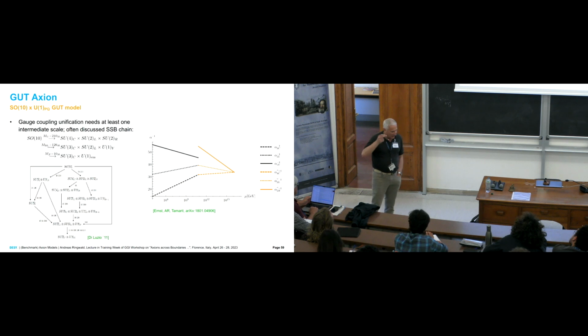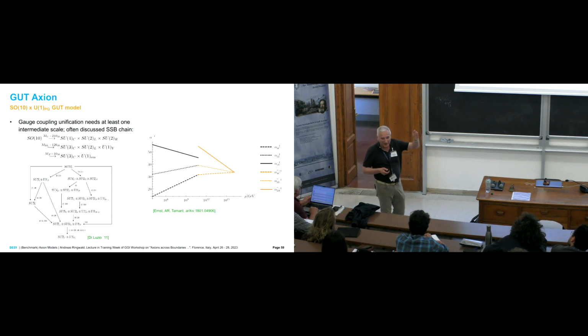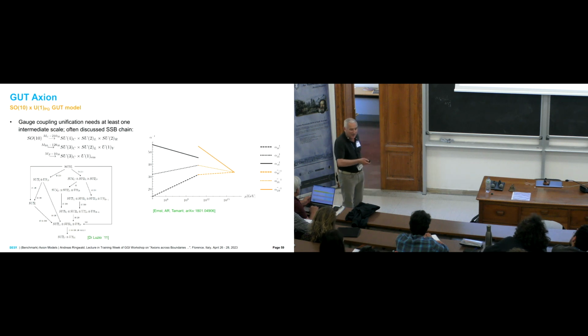If the fields which are originally breaking the GUT symmetry at very high scales carry a Peccei-Quinn charge, then you normally get a Peccei-Quinn scale, or an axion decay constant, which is connected to the scale of grand unification. And therefore, in this case, you get a restriction on that.